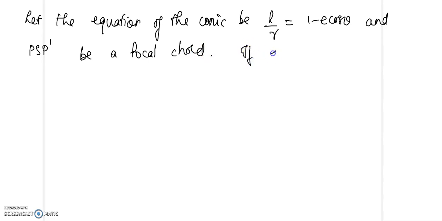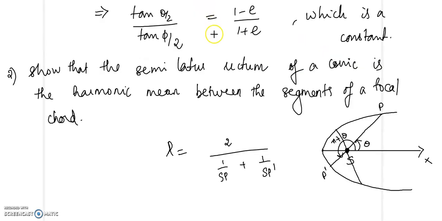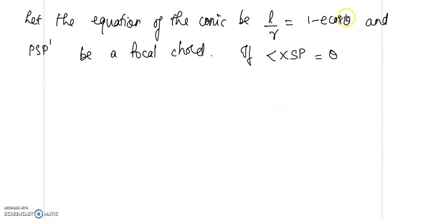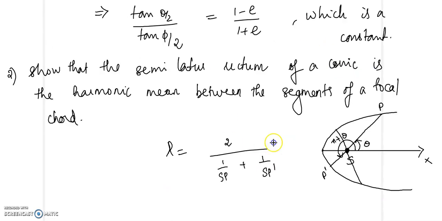And now if angle XSP is equal to theta. So here we have taken the general point to be r and theta. So let me take this angle to be alpha.